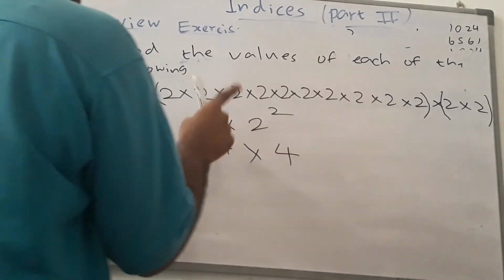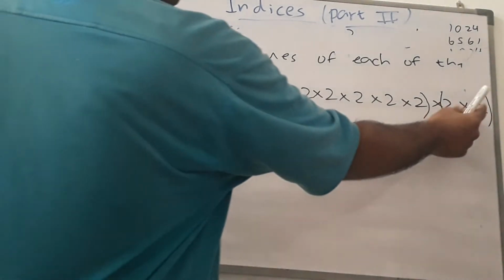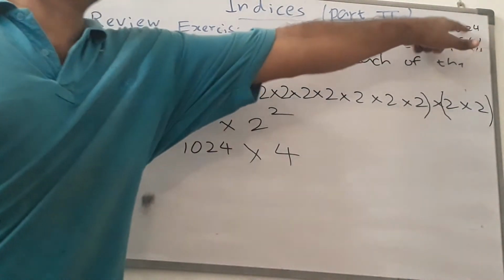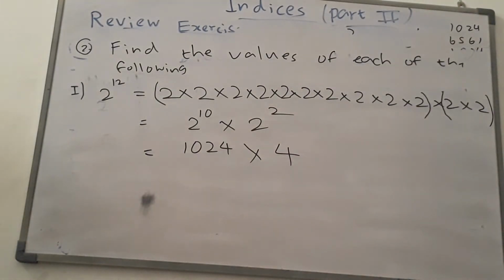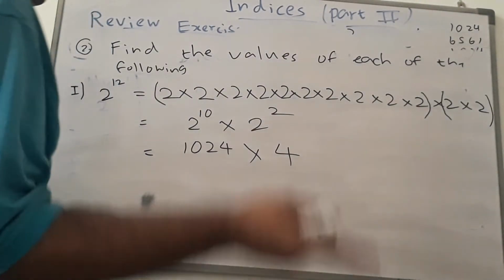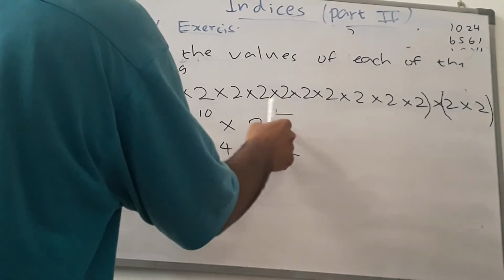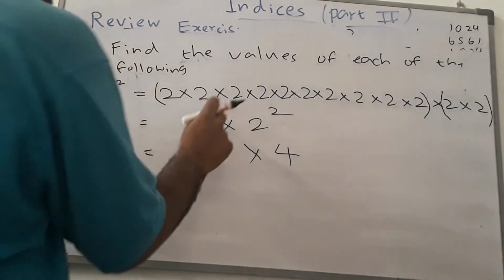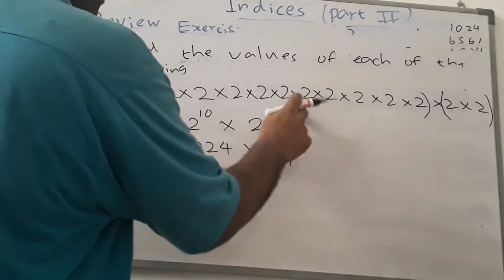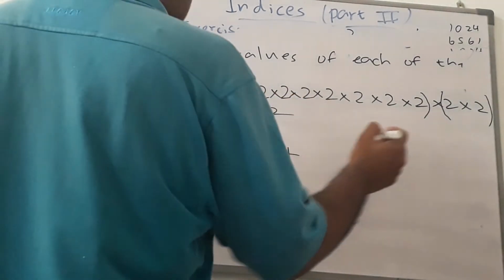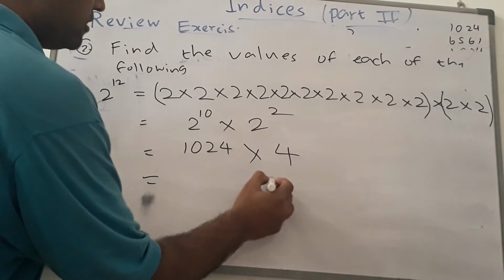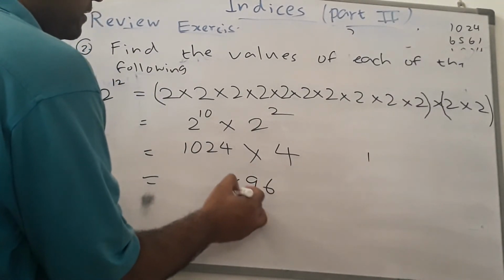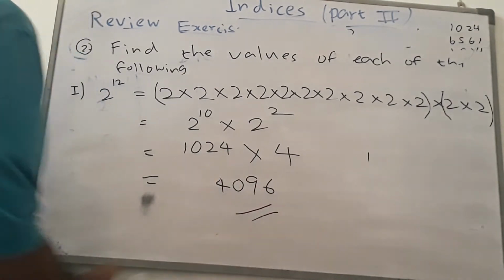So the first ten 2's means 2 to the power 10, the second two 2's means 2 to the power 2. 2 to the power 10 we found 1024, check the tables. 2 to the power 2 means 4. So the answer here is 4 times 4, 16, 4 times 2, 8 and 1, 9. So it will be 4096.